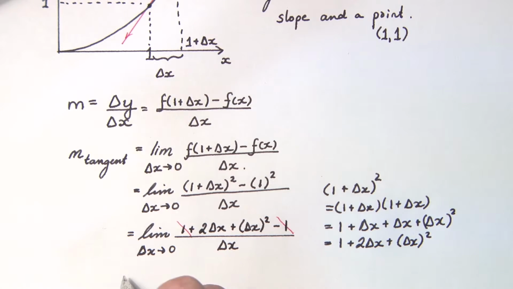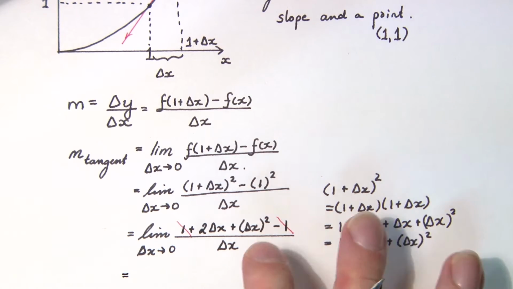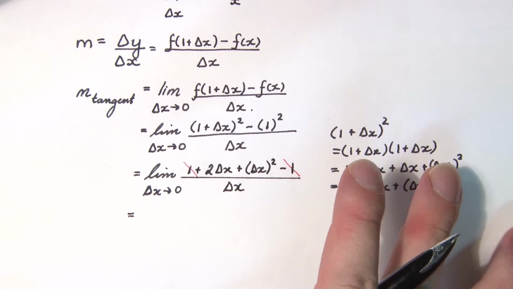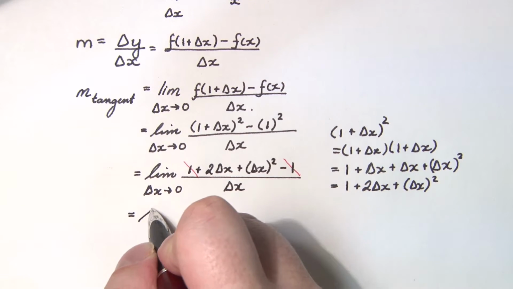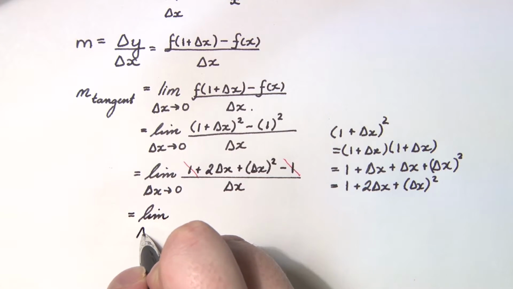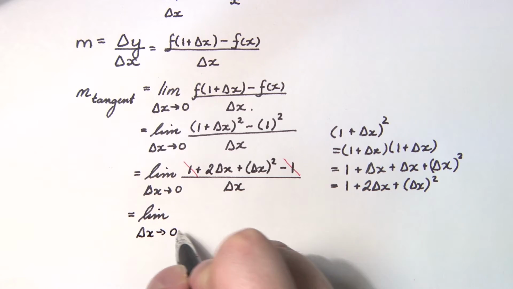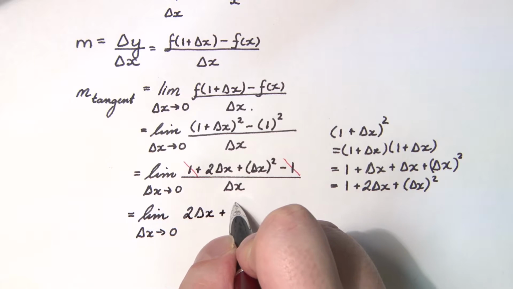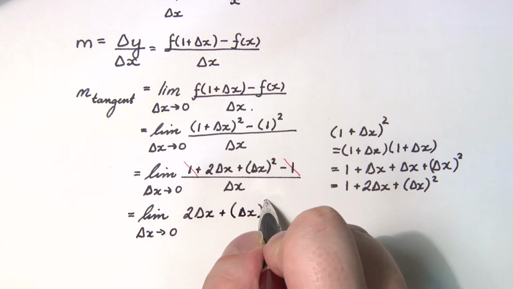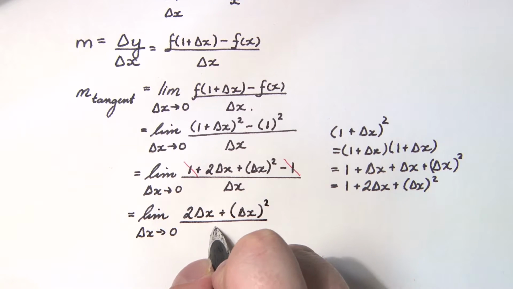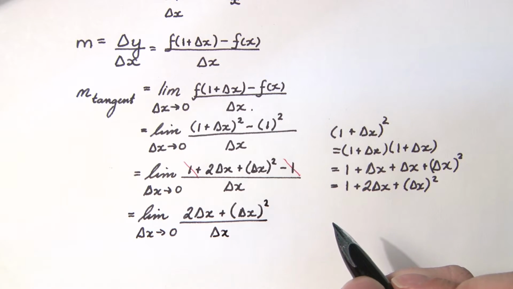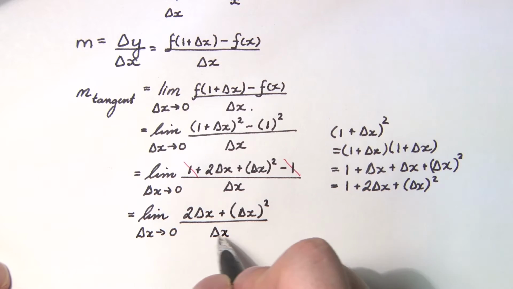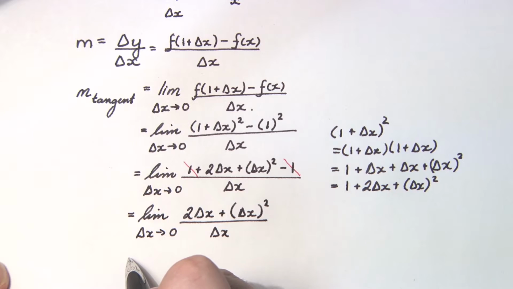So that I'm left with the limit as delta x goes to 0 of 2 delta x plus delta x squared divided by delta x. So I notice that I can factor out a delta x in this case.